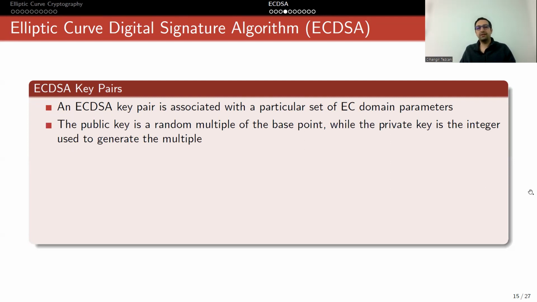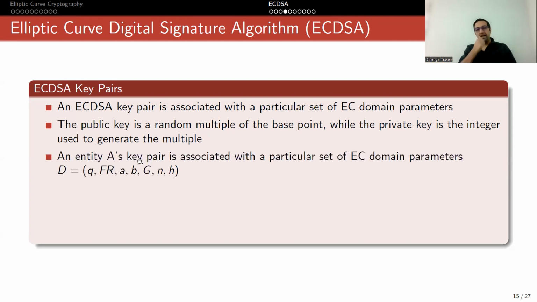The public key is a random multiple of the base point, while the private key is the integer used to generate the multiple. So think about it like this. You randomly choose a number, D, like in the algorithm. This will be your secret key. And you add the base point to itself D many times, and the resulting point is your public key.